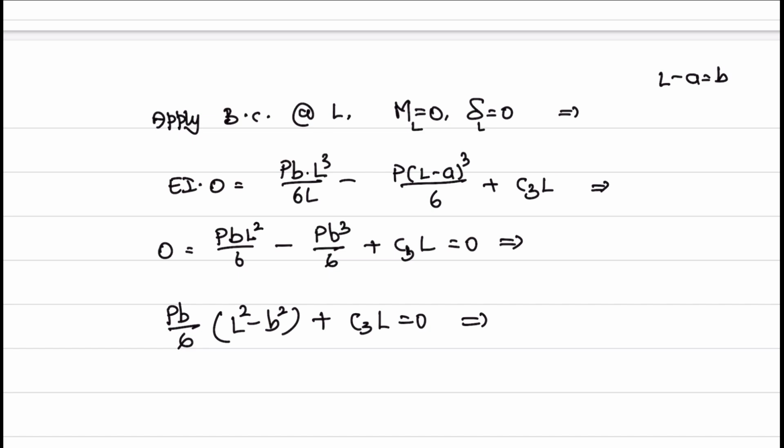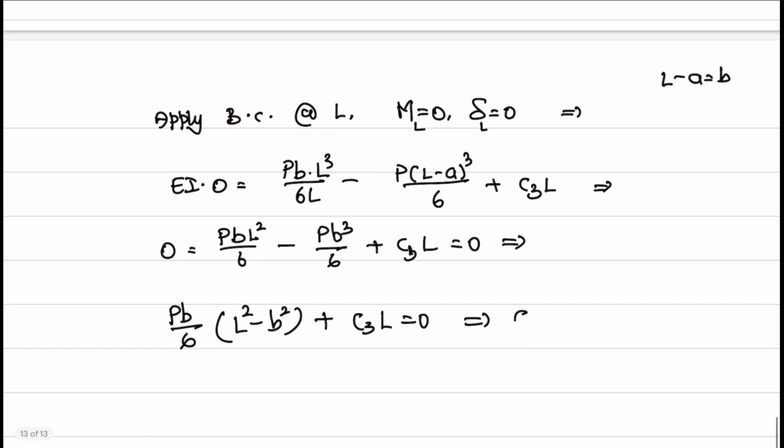When you take this onto the other side, C3 is equal to minus PB by 6L into L square minus B square. We have got this. C4 is already 0.